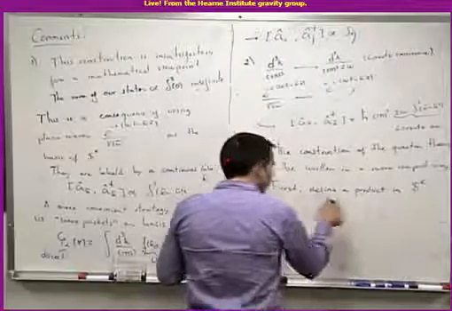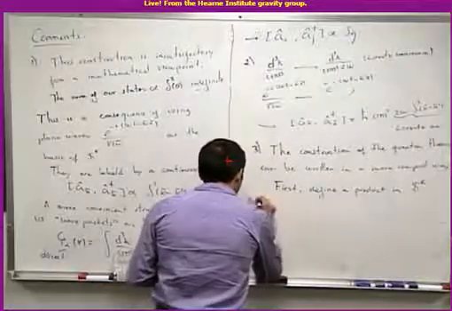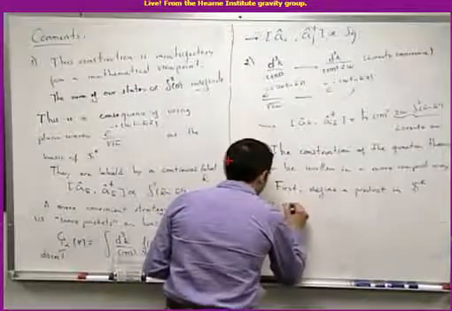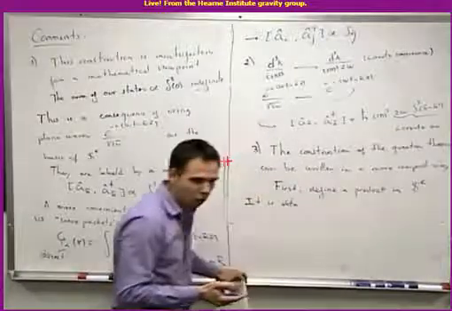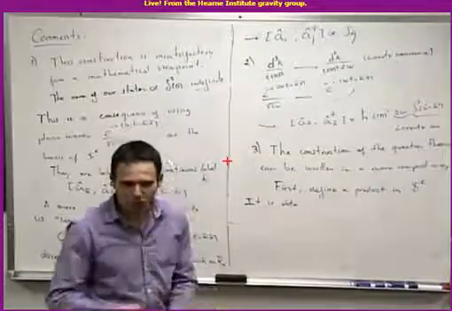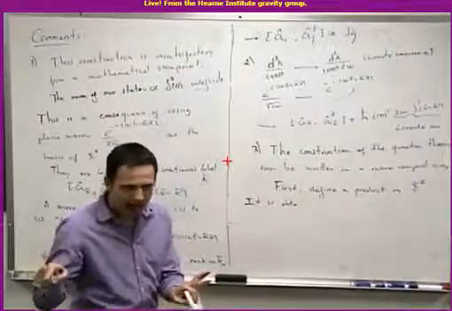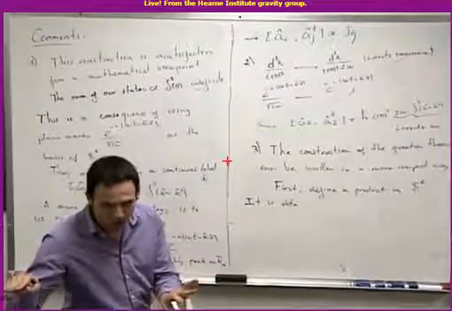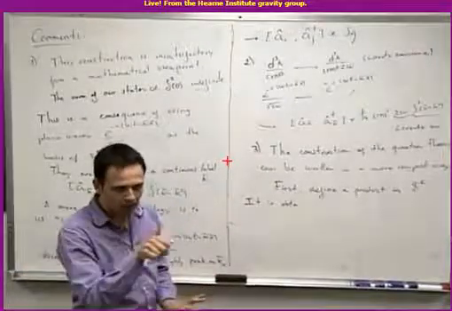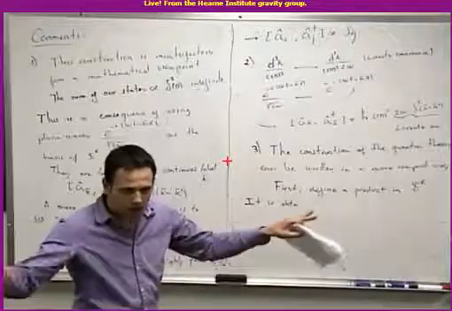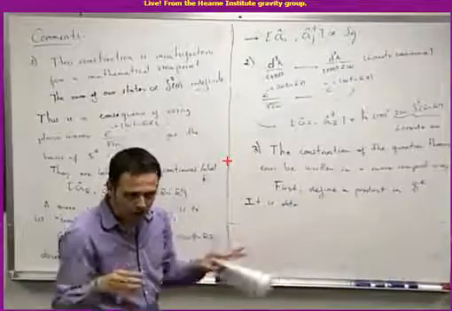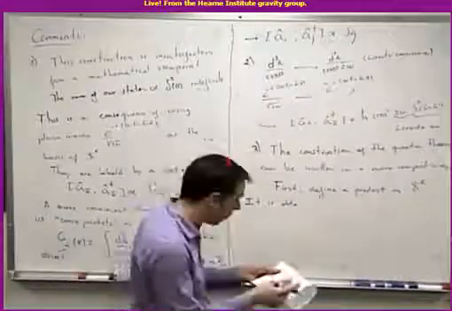And you will see why I want a conserved current, because it's simple. A conserved current always has a conserved charge associated with it. So what you have to do is take the zero component of the current, integrate it over a spatial hypersurface, and that is a conserved quantity. So this is what I'm going to do.